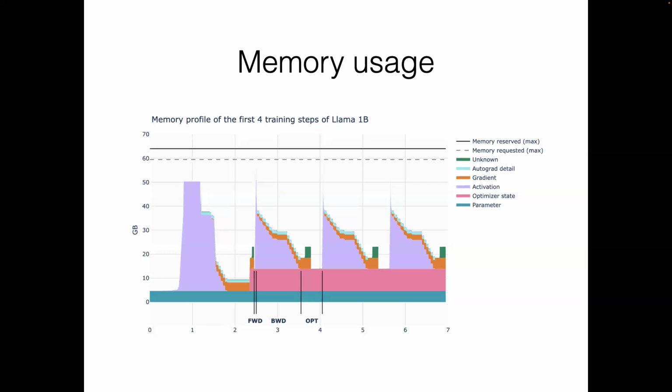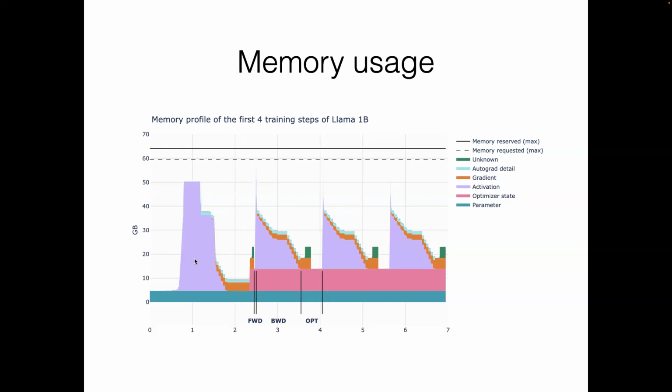So one cool thing is that you can visualize how the memory usage evolves as you're doing training, as you're doing the forward and backward passes. There's an interactive visualization on the online textbook. But just to show you some things here, the different colors represent different types of memory usage.